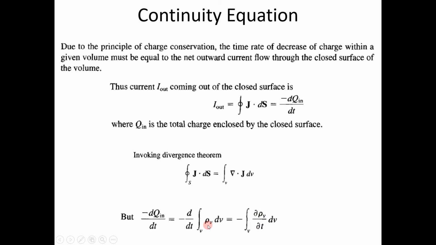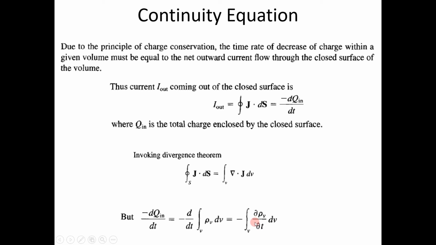Because rho v is not a function that depends only on t, d converts to dou and becomes a partial derivative. Thus, minus dq by dt is equal to negative volume integral of dou rho v by dou t.